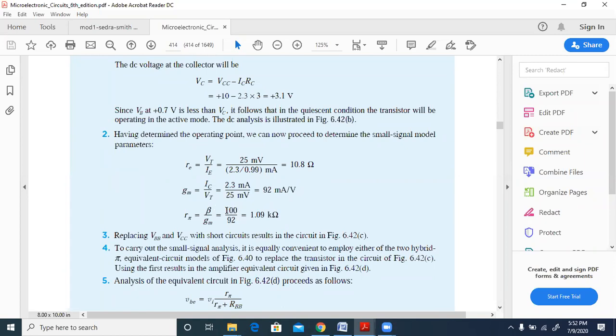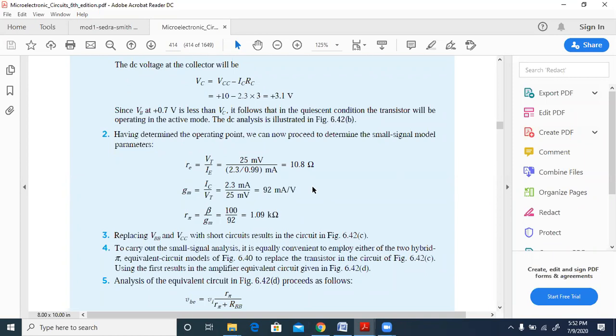So this is milli, and this is a figure which is 100. Milli, if it goes to the numerator, will become kilo. And this is resistance, hence it is kilo ohms, 1.09 kilo ohms.